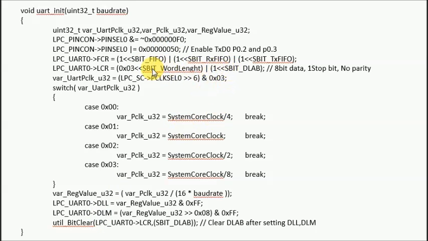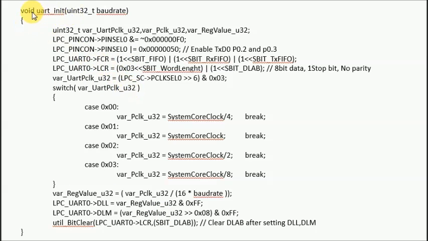You can write this instruction, that is write 1 in the S-bit DLAB, after this statement also, or you can write it here. But remember that 03 will be written into the S-bit word length, and it should be written here also. In this way we have set the baud rate.